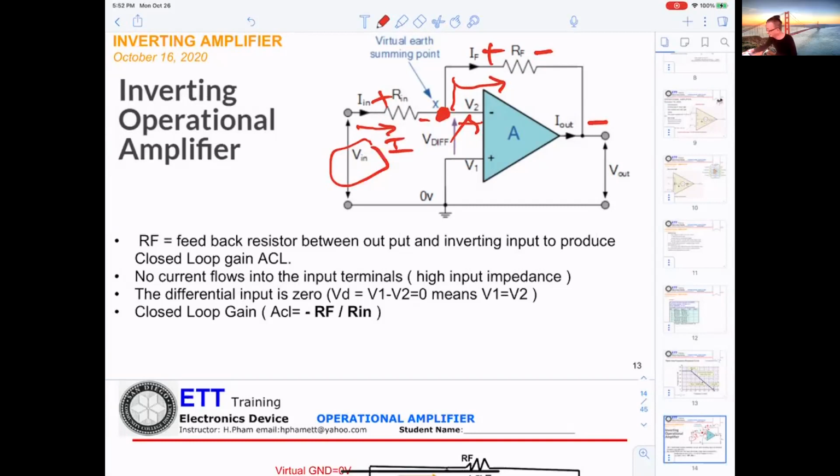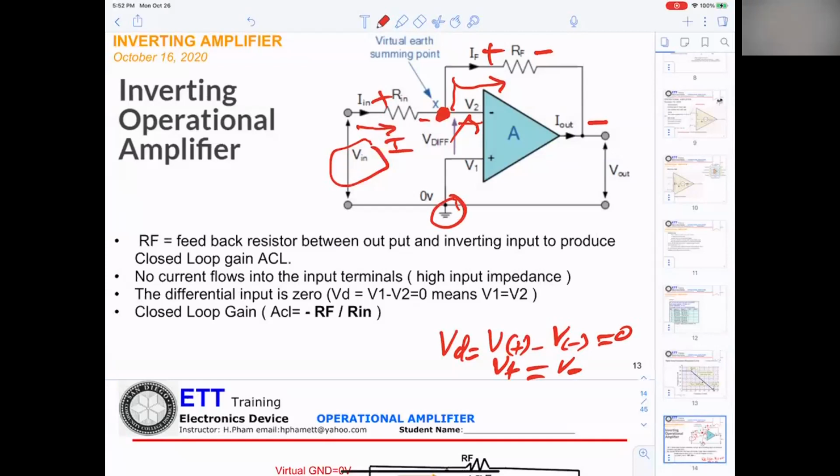You understand VD, right? VD equals V positive minus V negative, and it equals zero. So V positive equals V negative. And this is the ground here, so this one is also 0 volts.